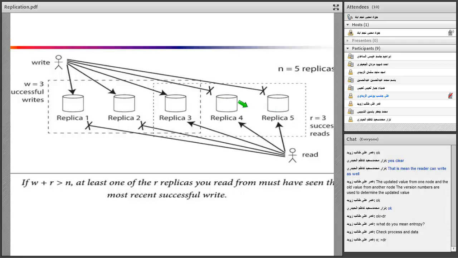So these two replicas have the old value, and these three replicas have the new value.